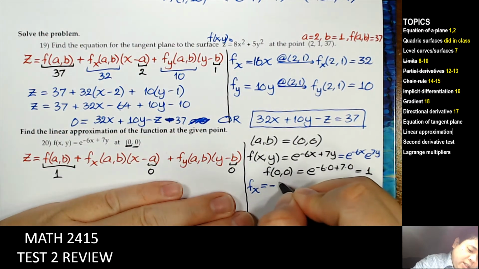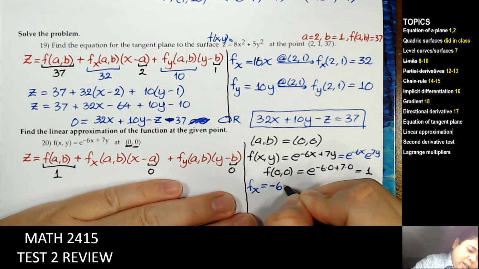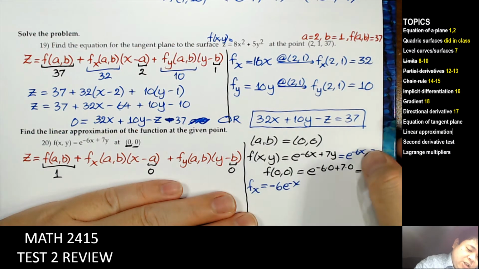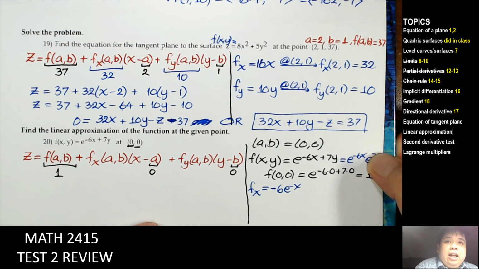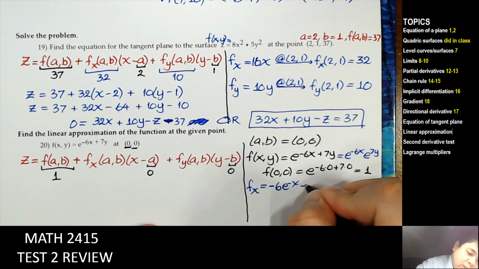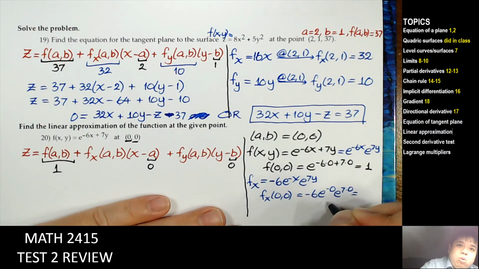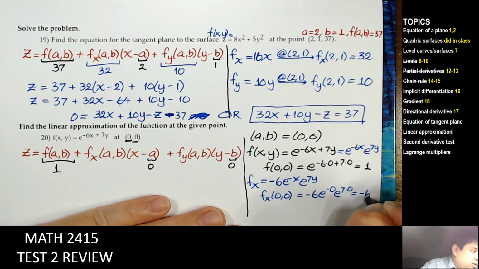So we have negative 6 e to the negative 6x. That is the derivative with respect to x of that one, and then we stick a constant to it. Zero power is 1, so this is negative 6.